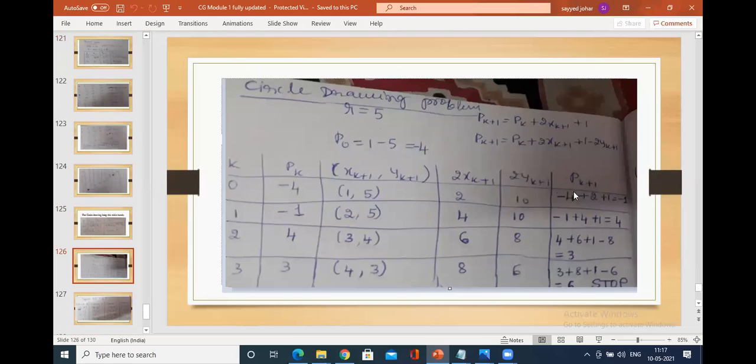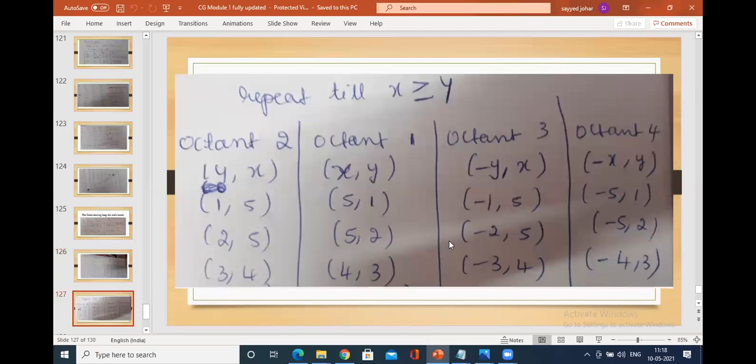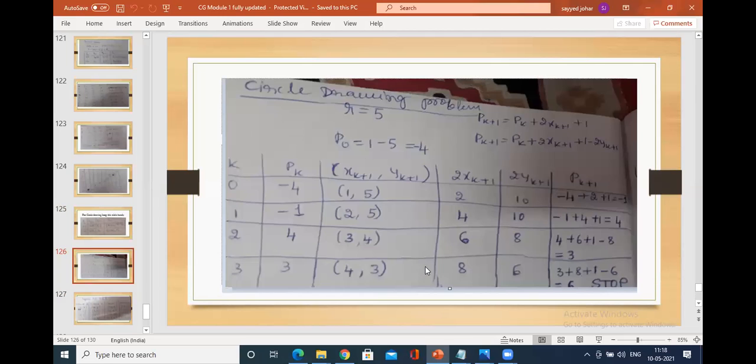So calculate the new pk value, -1. Then based on this value, take the decision. It is 2 and 5. Again, the new pk value. So it is decremented. Again see, again it is a positive value, again it is decremented, like that you proceed. You will stop when x is less than or equal to 3. So this is what the problem is all about.